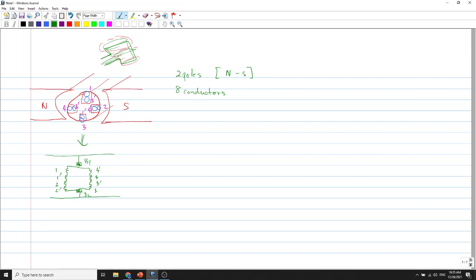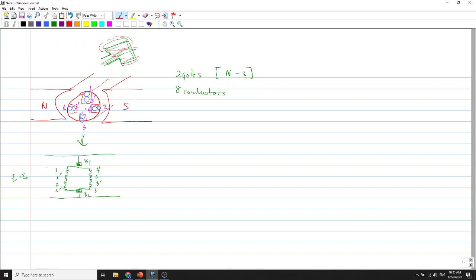As we know, the E induced is actually the EA, and it comes from each conductor.